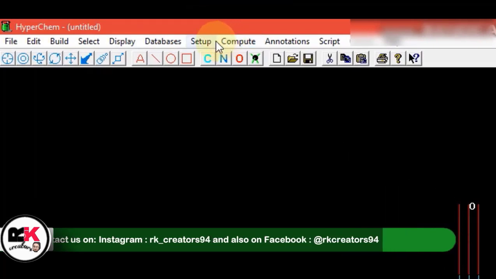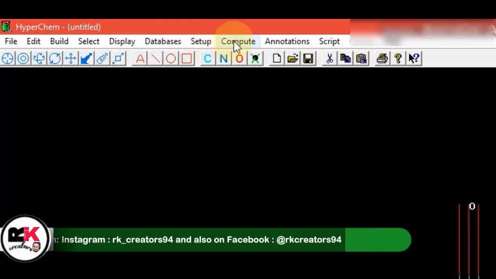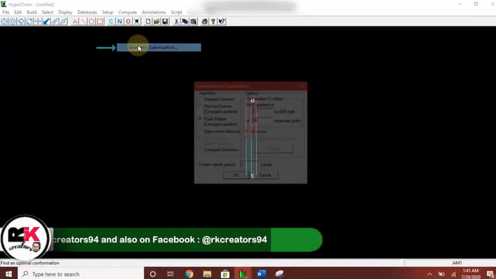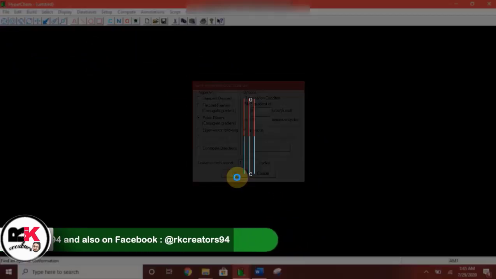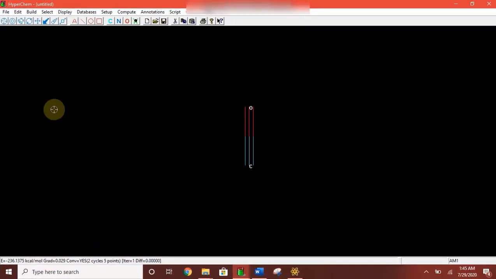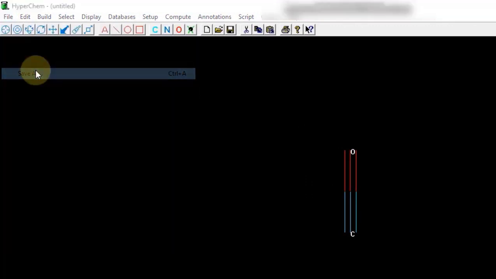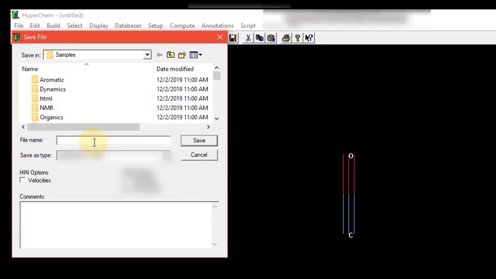Then after selecting the setup you want, select the option compute and select the option geometry optimization and calculate its energy. Note down this energy on your notebook. After noting it down, save this molecule by any name you want.